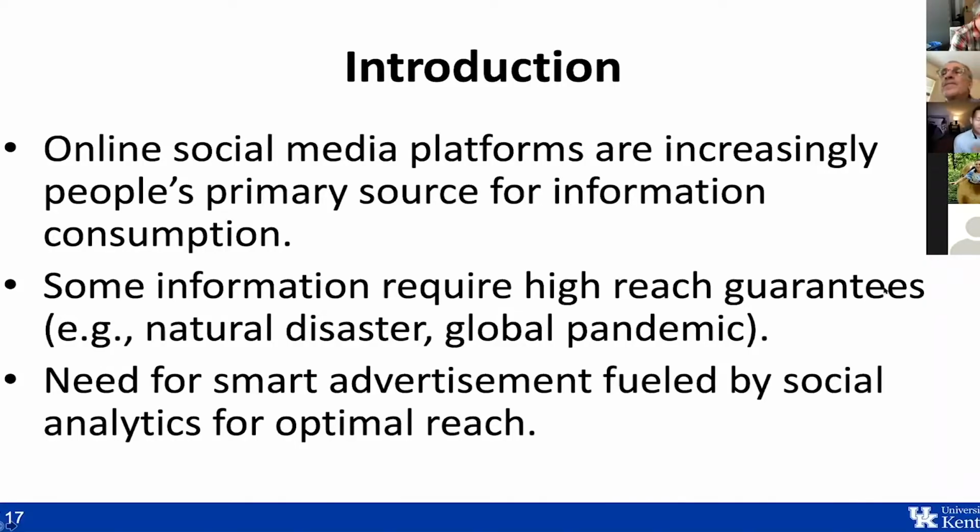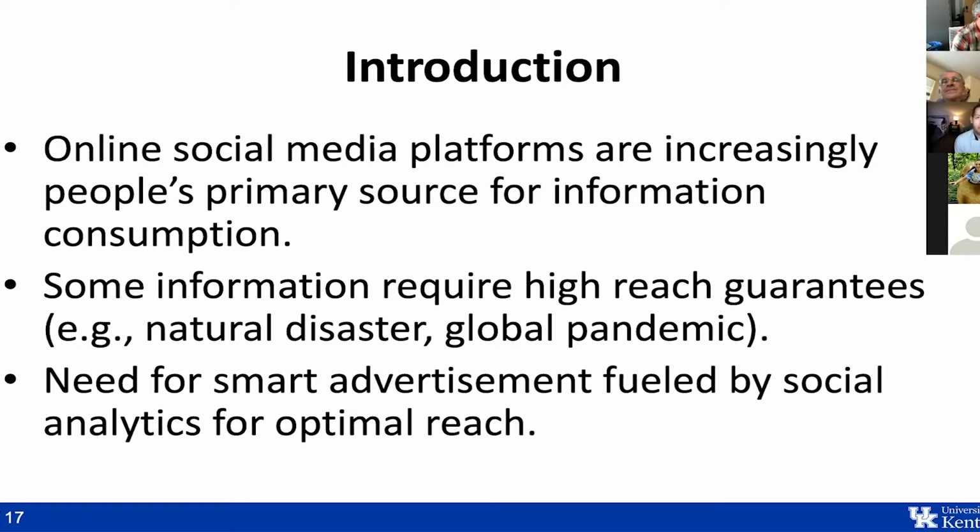So at first, I want to talk a little bit about the motivation for this work. As we all know, online social media platforms like Facebook, Twitter, Twitch, etc., have become increasingly prominent ways for people to consume information and even acquire information related to current events. It goes without saying that some information is much more time sensitive.